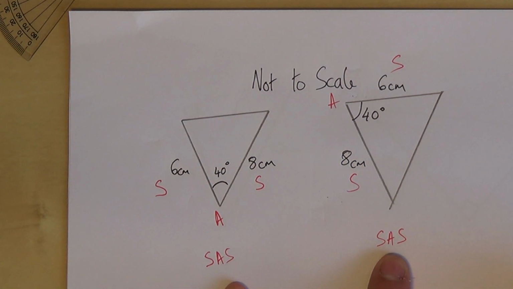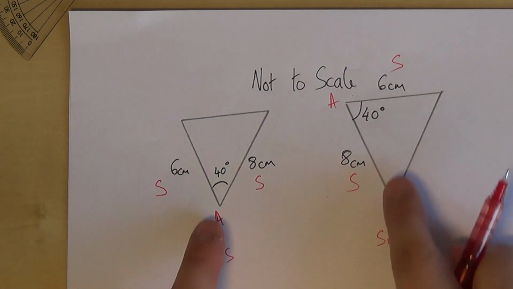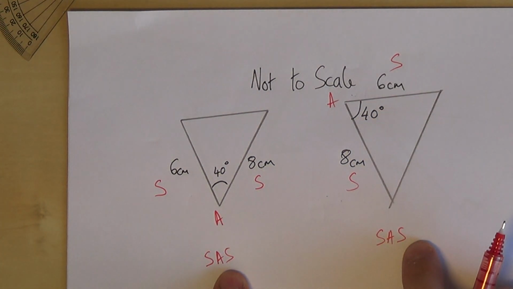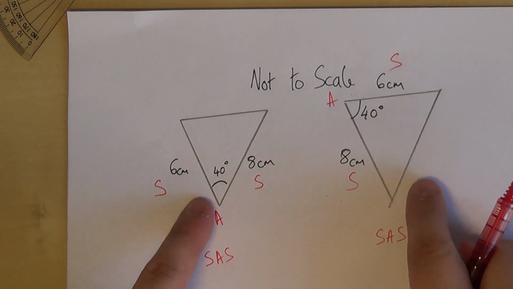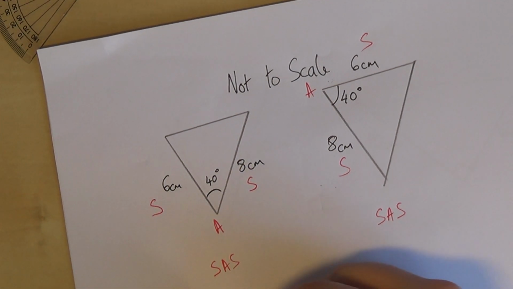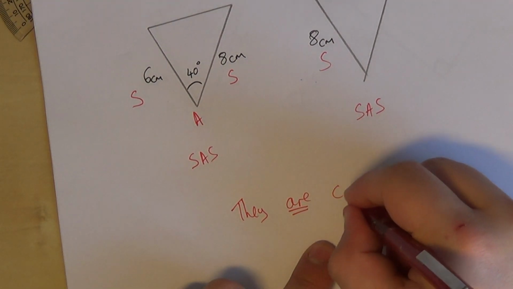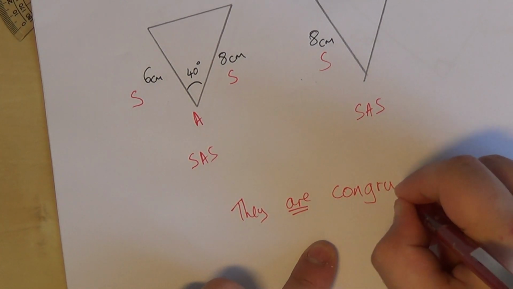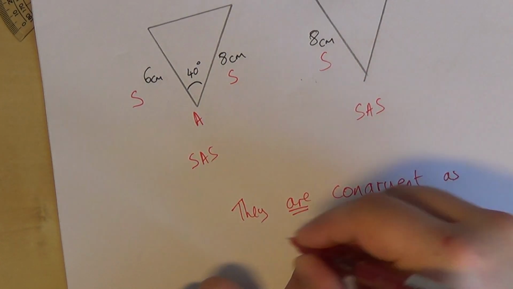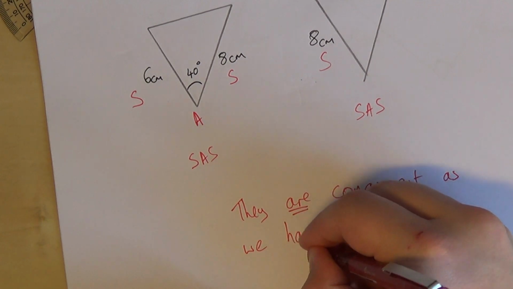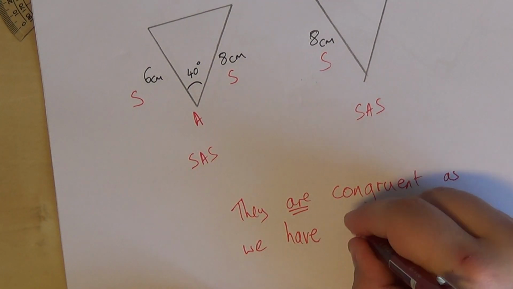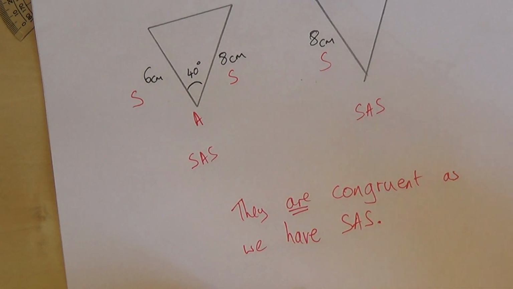Let's check we've got the same lengths now. Do they all have a side that's 6 centimetres? Yes. Is the angle in between 40 degrees? Yes. Is the other edge 8 centimetres? Yes. So they match as well. So that means these 2 triangles are congruent, as we have SAS.